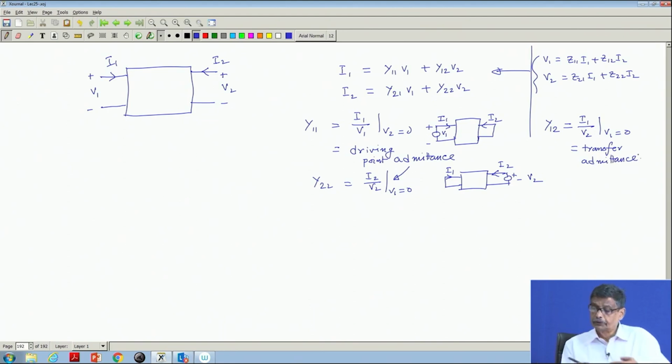Okay. Now, the question is, what will be the relation? If I know Z11, Z12, Z21, Z22, can I also find out the admittance matrix parameters? These admittance matrix parameters can be obtained by doing this sort of experiment under short circuit conditions.